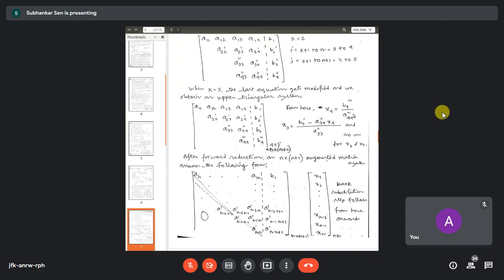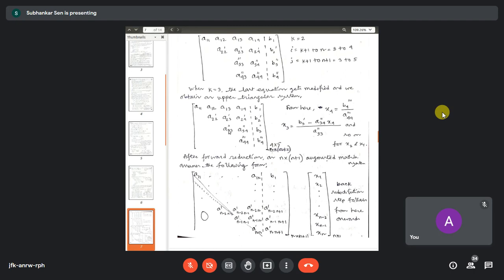So every time you see that, you are dividing by the diagonal term. Because of that, I am pointing it out, the diagonal term cannot be 0. If it is 0, you have to do swapping to make it non-zero, and that is known as pivoting. Then you have found x4, then you have to find out x3. To find out x3, you have to come to the n minus 1th equation, or the third equation. So here, what is this equation?